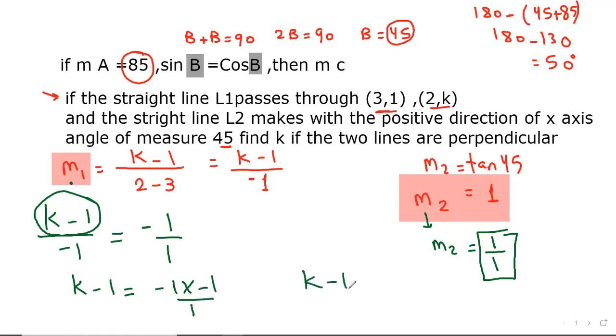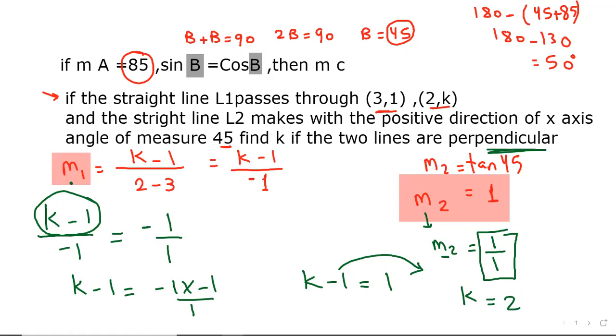So K minus 1 equals 1. Move negative 1 to the other side, so K equals 2. What I did again, I changed the sign of the second slope and I switched numerator and denominator because they are perpendicular.